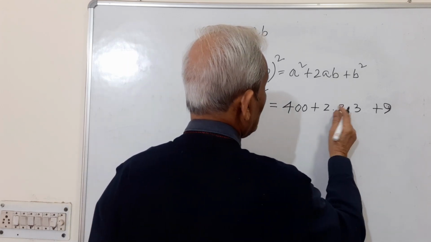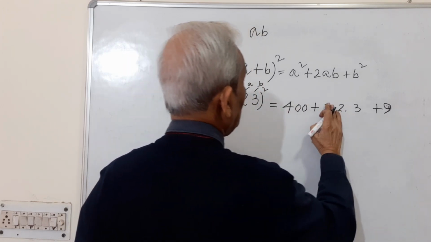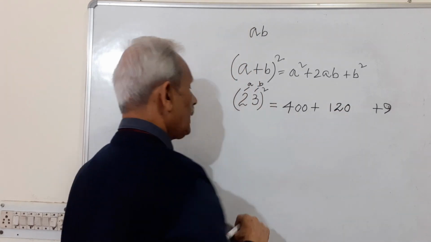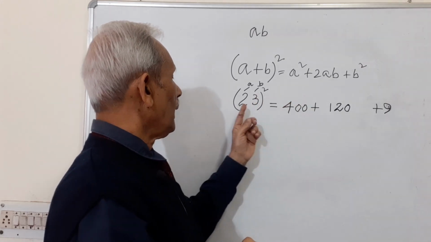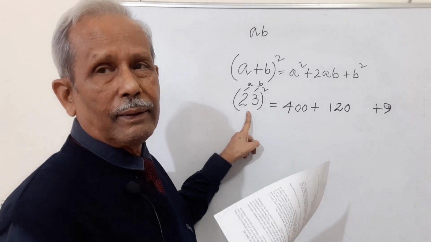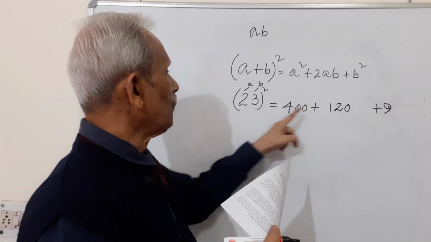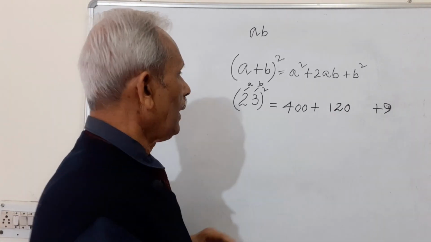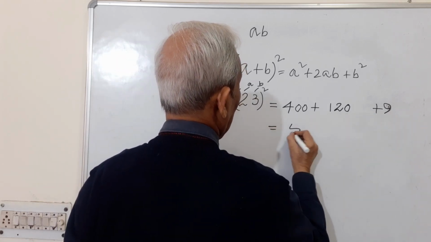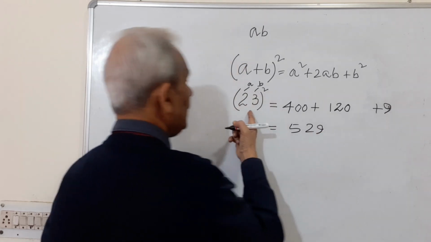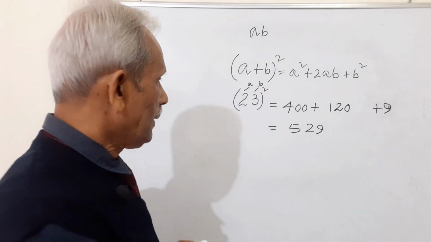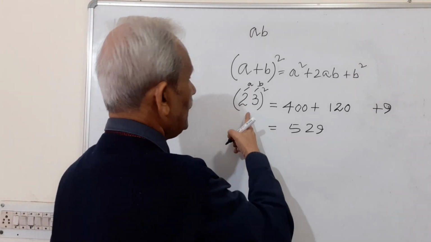That means 2 into 20 is 40, into 3 is 120, plus 3 square is equal to 9. So the answer becomes 400 plus 120 plus 9, which is 529. And indeed, the square of 23 is 529, right?